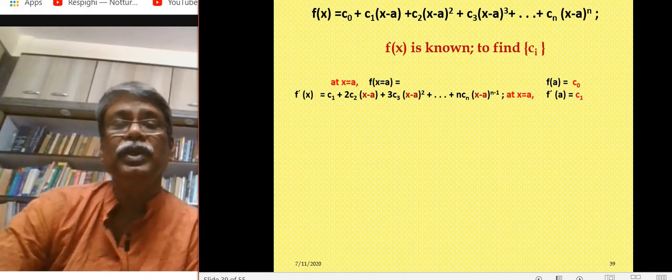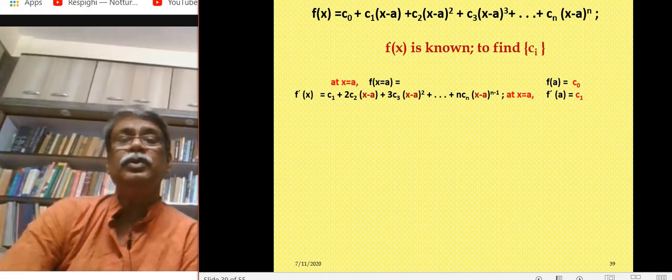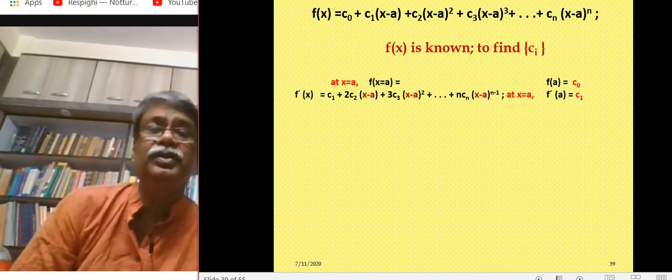Now you use the same trick: if you put x equals a, interestingly all the rest of the terms vanish except c1, and on your left it is f prime at x equal to a, that means f prime a. So c1 is nothing but f prime a.